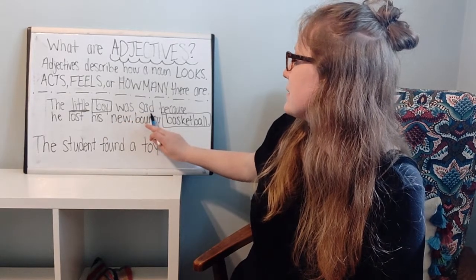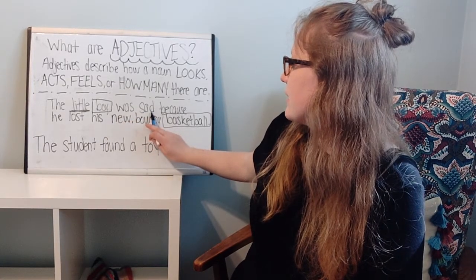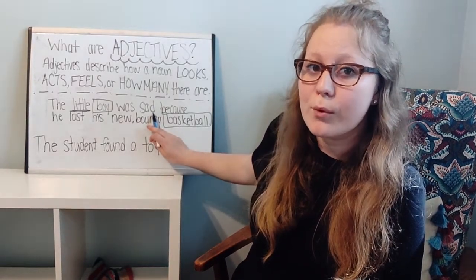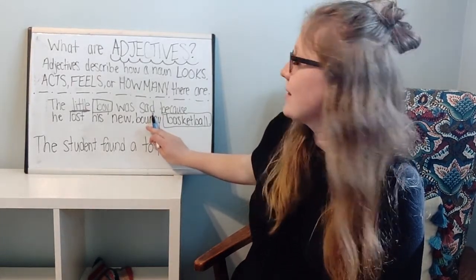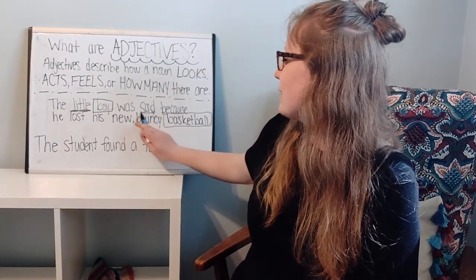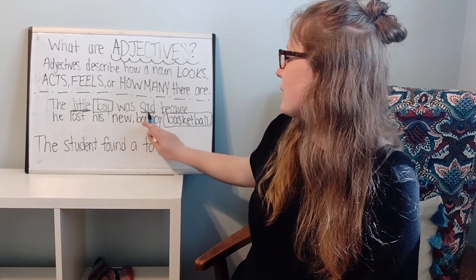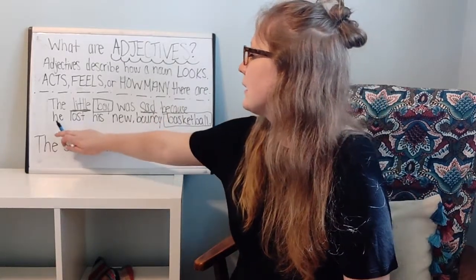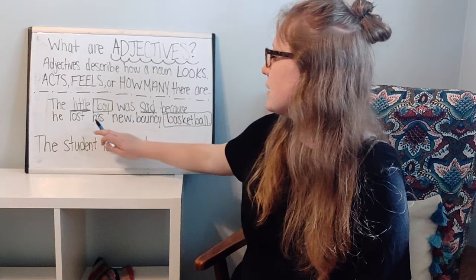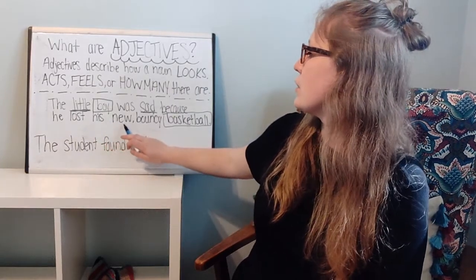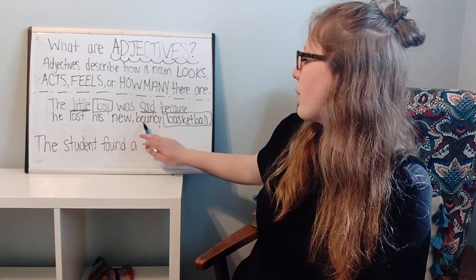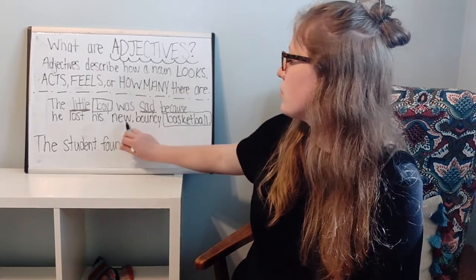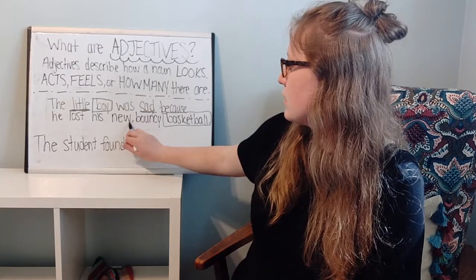Was sad. This sad tells us how the boy feels. This is an adjective describing how he feels. Because he lost his new bouncy basketball. So we have two more adjectives here.